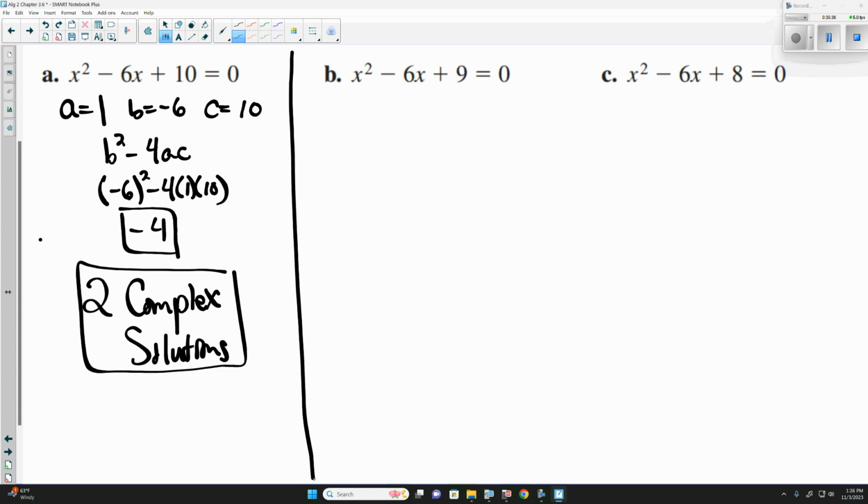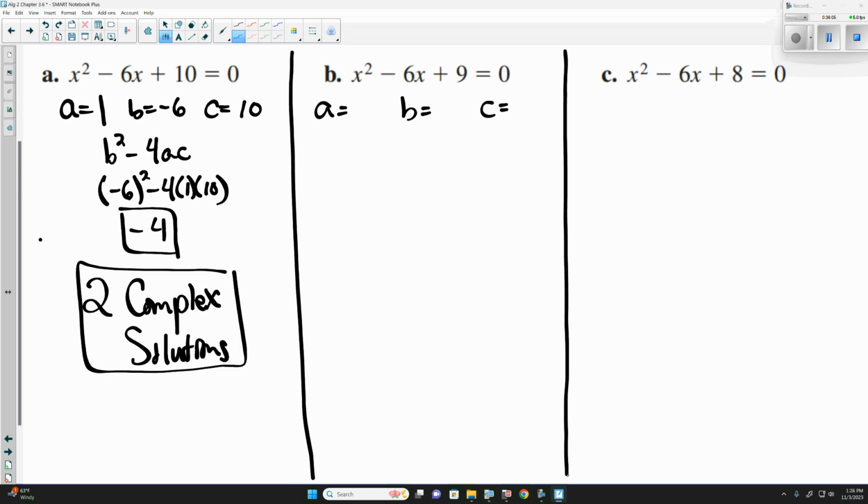And in the quadratic formula, we take the square root of it. Well, the square root of a negative would cause i to come out. i is our imaginary, our complex. So we would have two complex solutions. The plus or minus gives us the 2, because we'd have the positive and negative case of, in this case, 2i. If it comes out as a negative, we would have two complex.